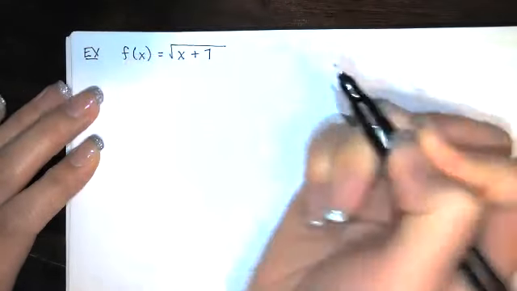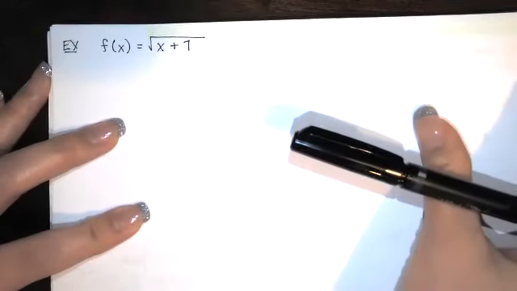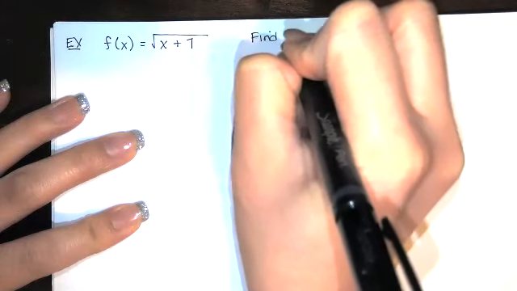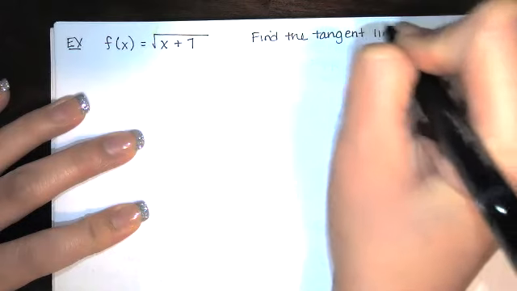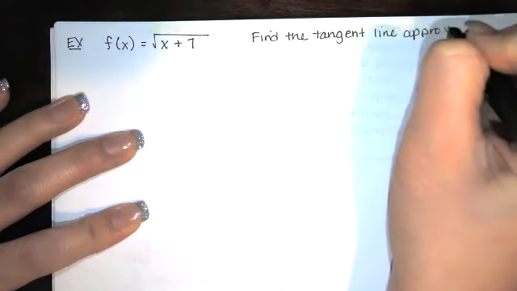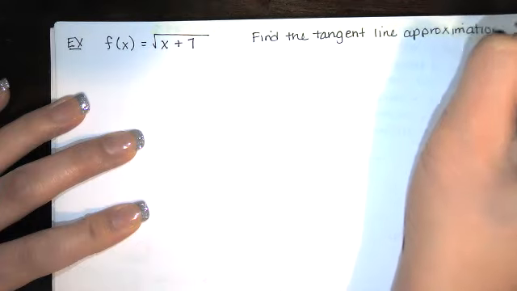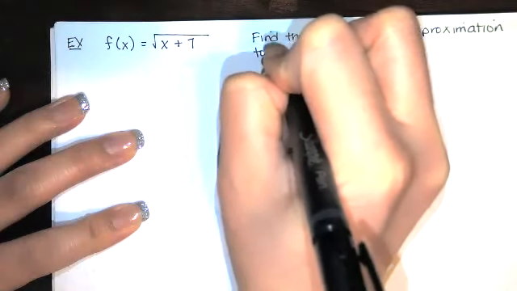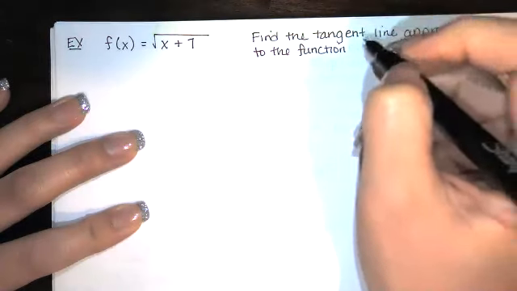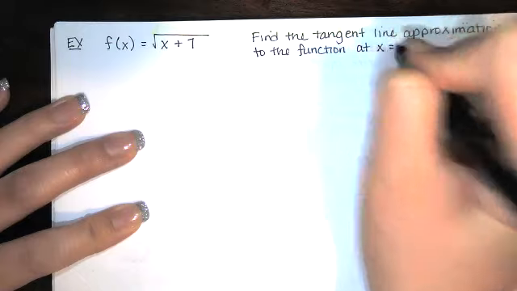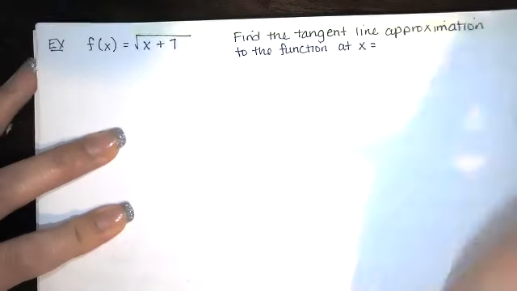So let's say our function is f of x equals the square root of x plus 7, and we're interested in the linearization of the function, or you could also say find the tangent line approximation to the function at x equals a particular value. This time it's given to us and it's x equals 2.